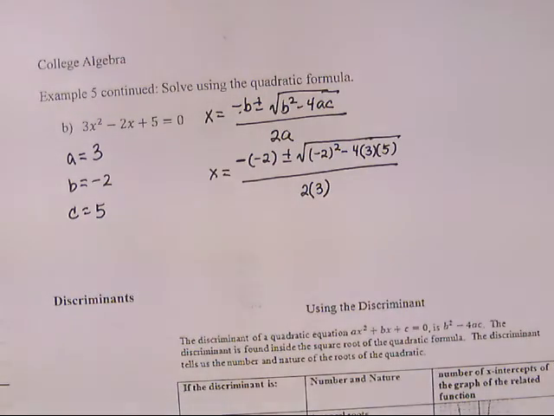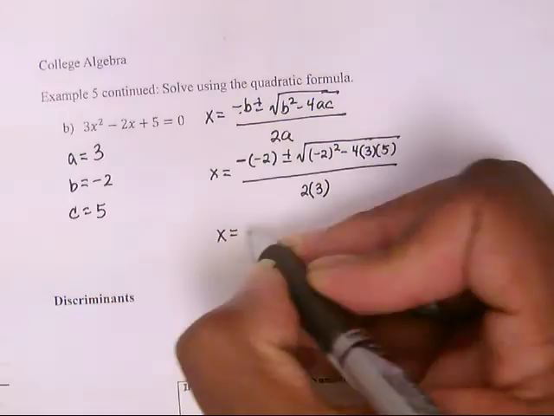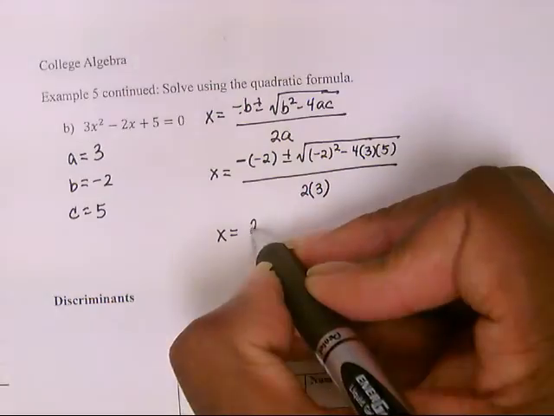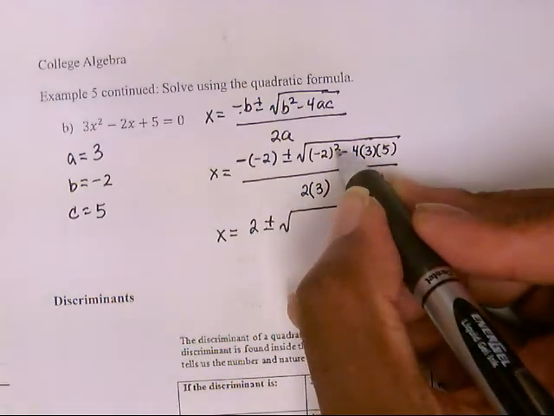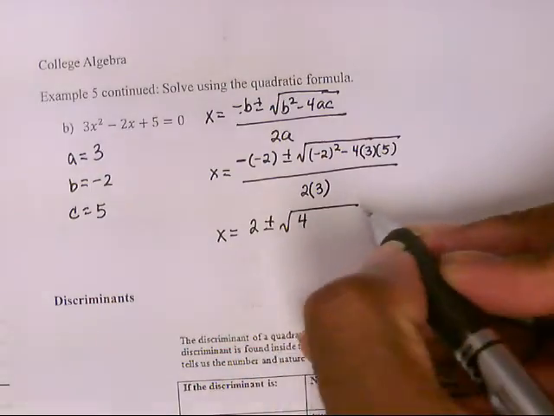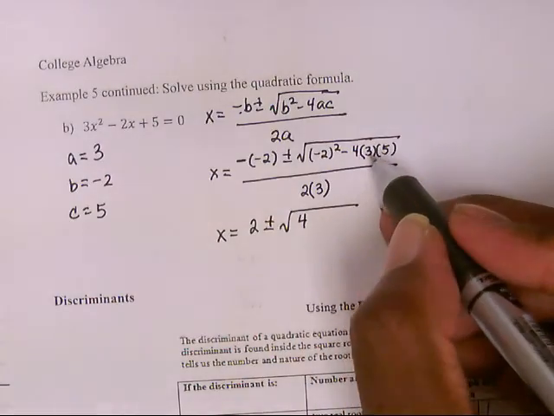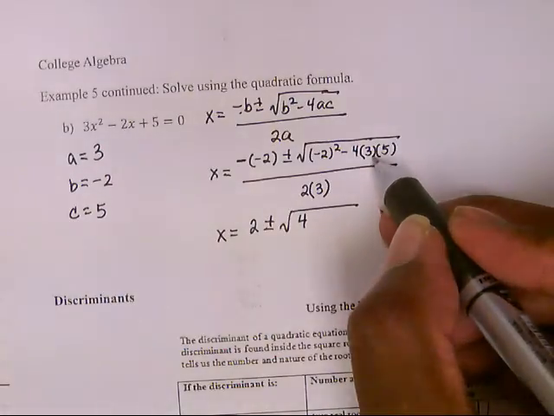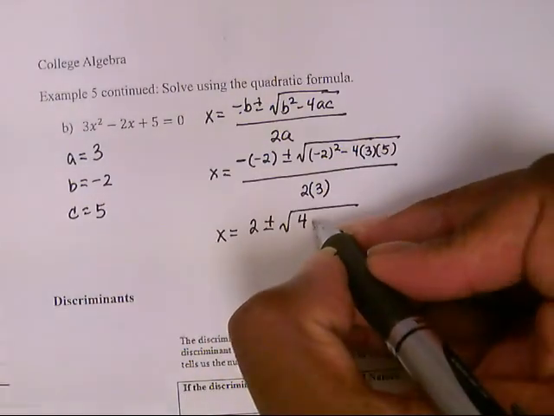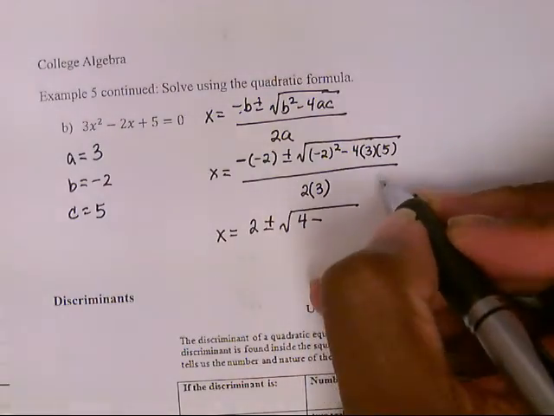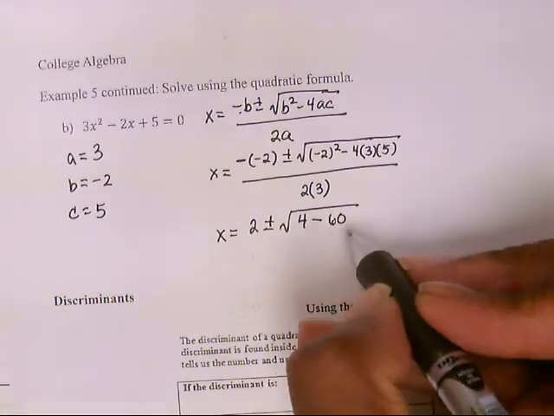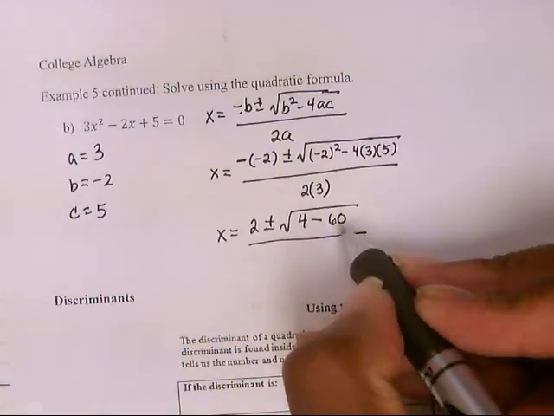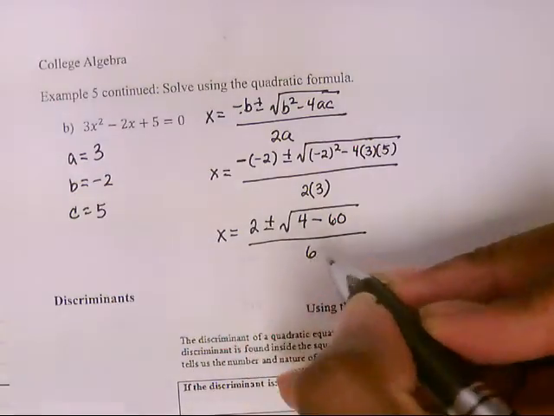Now, if we simplify this, negative of a -2 will be 2, plus or minus the square root of -2 when we square it will be 4, minus 4 times 3 will be a -12, times the 5 will be -60, all over 2 times 3 will be 6.